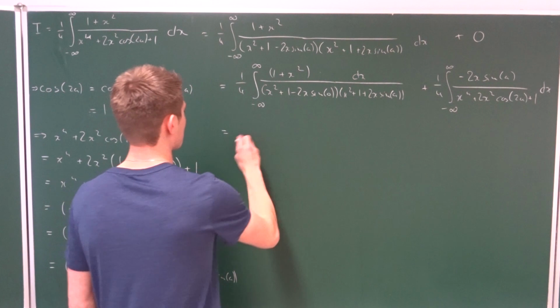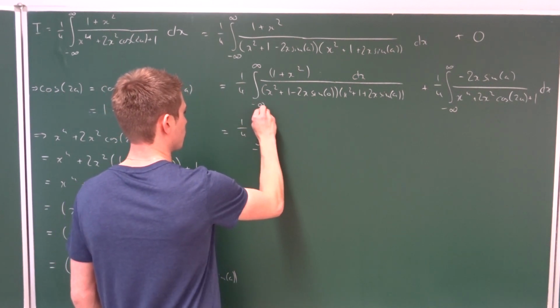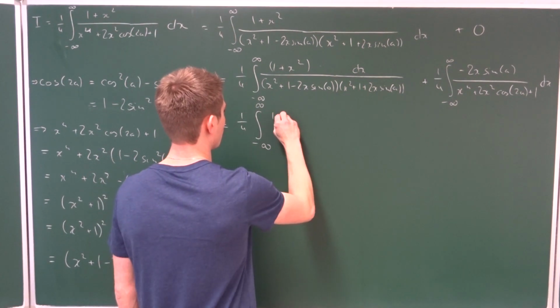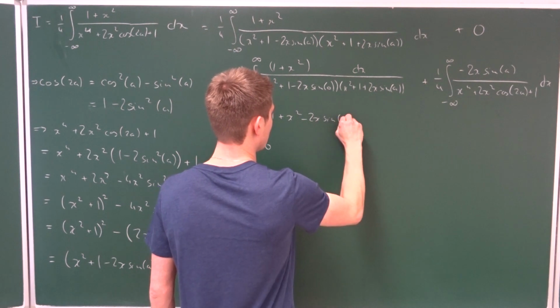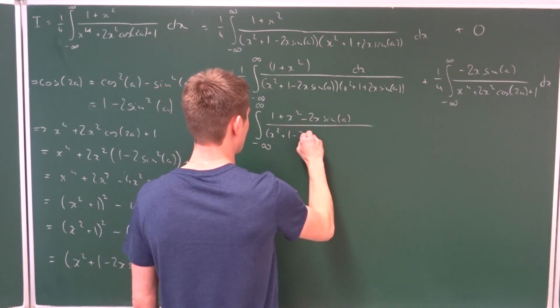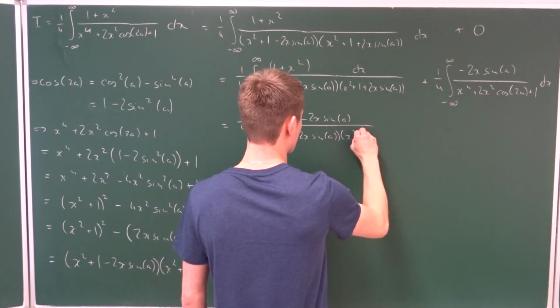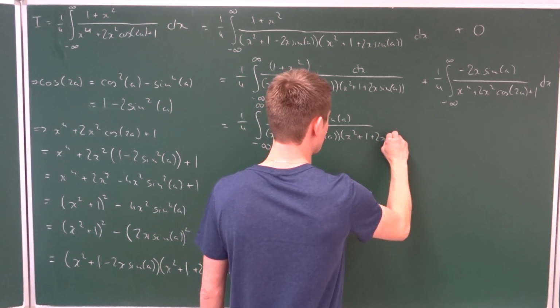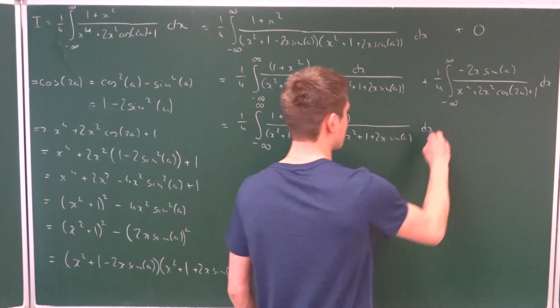Okay, and if we add those together, it's 1 over 4 times the integral from minus infinity to infinity of 1 plus x squared minus 2x sine of a divided by x squared plus 1 minus 2x sine of a times x squared plus 1 plus 2x sine of a times dx.